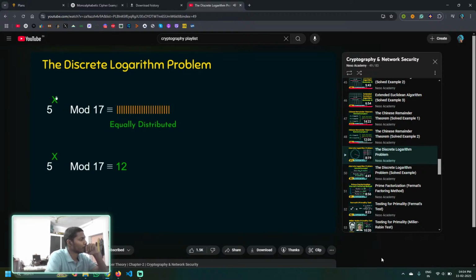If x is given, computing 5 power x mod 17 is easy. But if 12 is given, then finding the value of x that resulted in 12 is difficult. So that is what I told you.